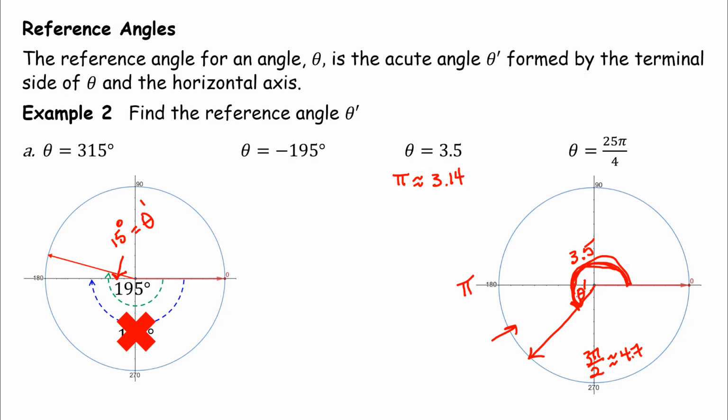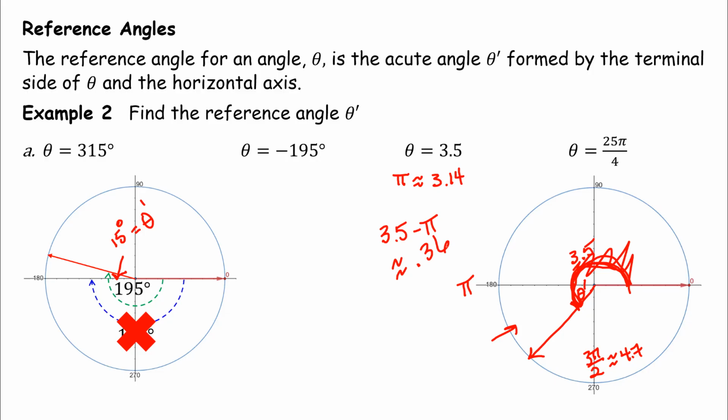We just want the angle down there in the third quadrant. So we want to get rid of all that. So that's going to be 3.5 radians minus pi radians, because 180 is pi. If we get rid of those radians, we'll have just the little angle theta prime. So 3.5 minus pi, if we were going to approximate that value, is about 0.36 radians.